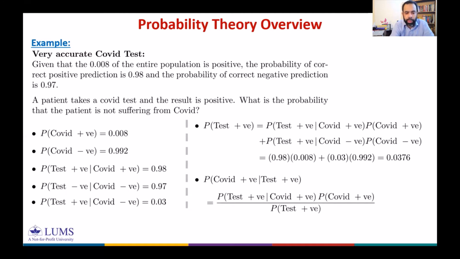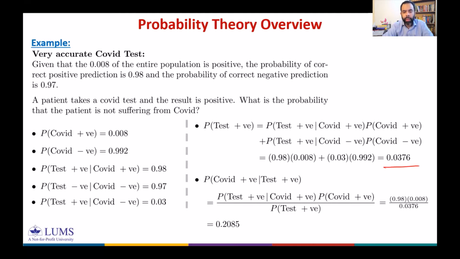So we have all of these values. Probability of COVID positive is 0.008. Probability of test positive given COVID positive is 0.98. And probability of test positive, we have computed using the law of total probability, is 0.0376. If I substitute these numbers, I get this probability, 0.2085.